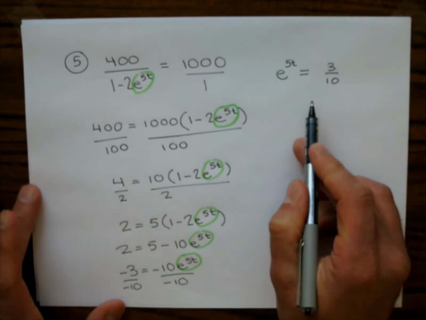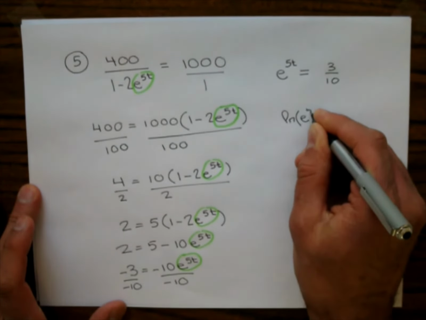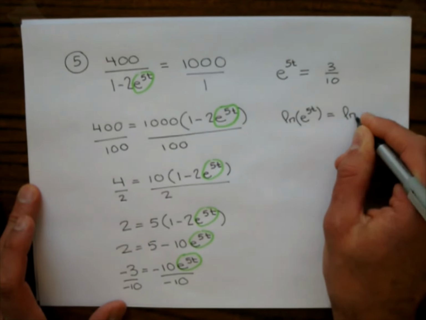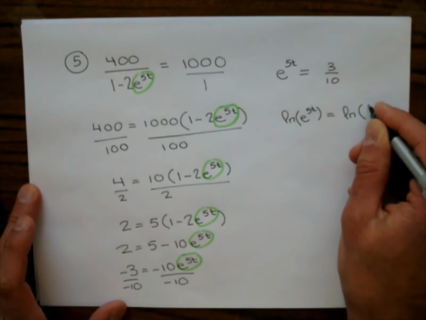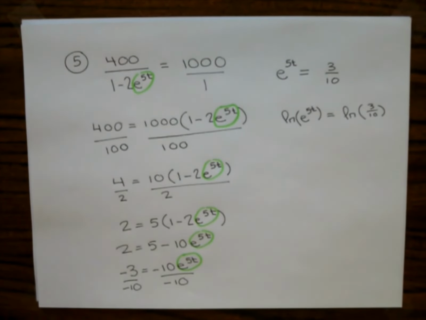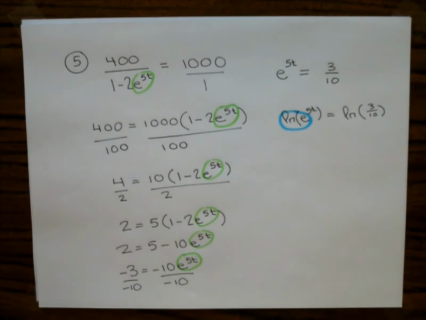Now I'm going to ln both sides of this equation: ln e to the 5t equals ln 3/10. And what happens on the left-hand side? Well, that thing goes pop.